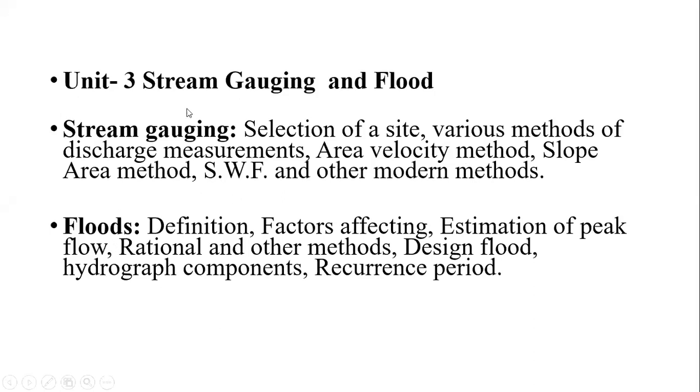Then the second part of the same unit is about floods, which includes the definition, factors affecting the flood, estimation of peak flow, then methods, that is the rational method and other methods of computing the flood, then the design flood, what it means, that we have to go for, then the hydrograph component, that is the application of the hydrograph for the estimation of floods, then the recurrence period or recurrence interval. Those things we have to study in this unit number 3.